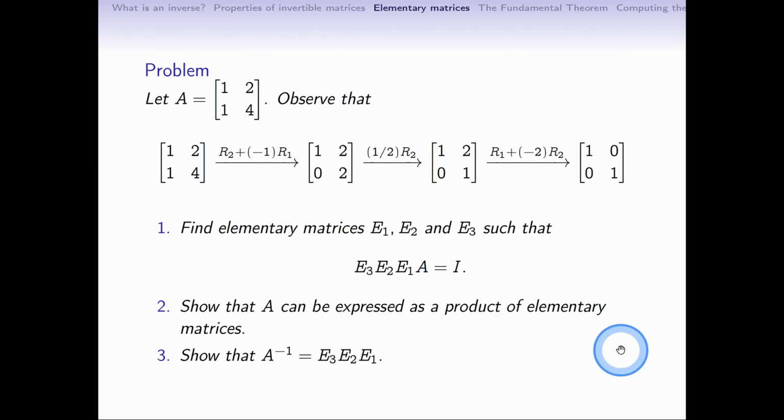In part 2, we want to show that A can be expressed as a product of elementary matrices. And then finally, in part 3, I want us to show that the inverse of A can be expressed as a product of the elementary matrices E3, E2, and E1. So join me at the document camera for the solution to parts 1, 2, and 3 of this problem.